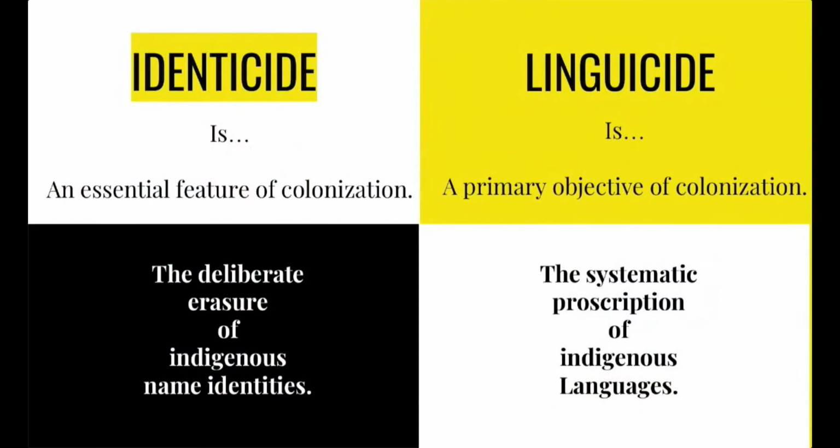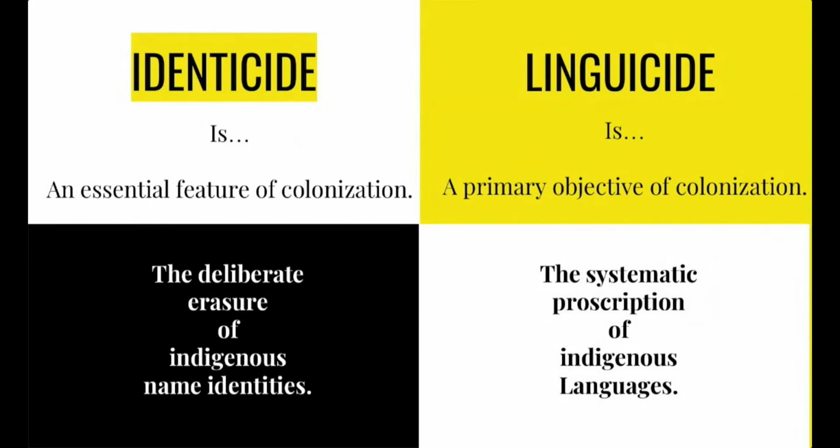I really wanted to speak about this topic in terms of what happened at the very beginning of slavery. We are proposing that the processes of identicide and linguicide were essential features of colonization.